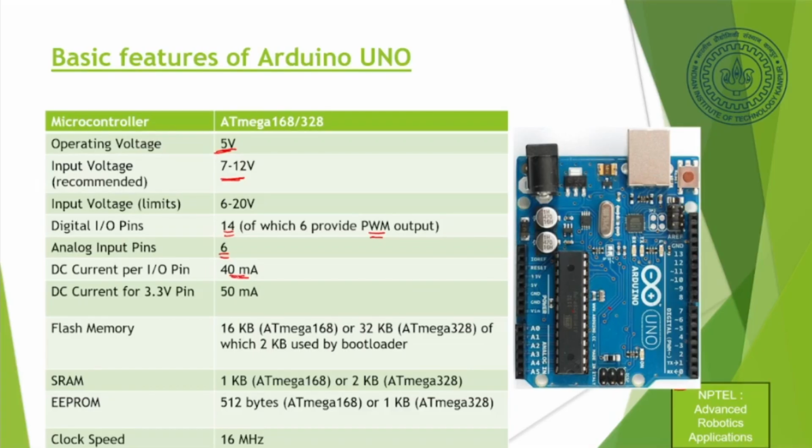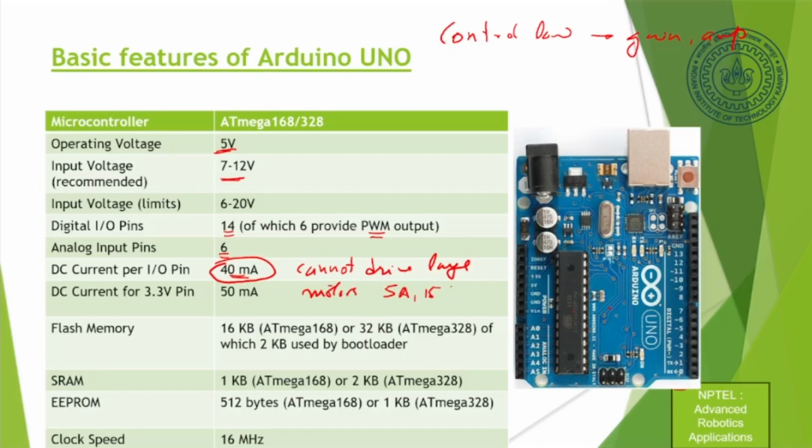Now, some time back I talked about the control law as being a gain, basically an amplifier. The control law works with gains and can act as an amplifier. Now, the current that can go out is only about 40 milliamperes. This may not be enough to drive large motors, which may require up to 5 amperes or maybe as high as 15 amperes.